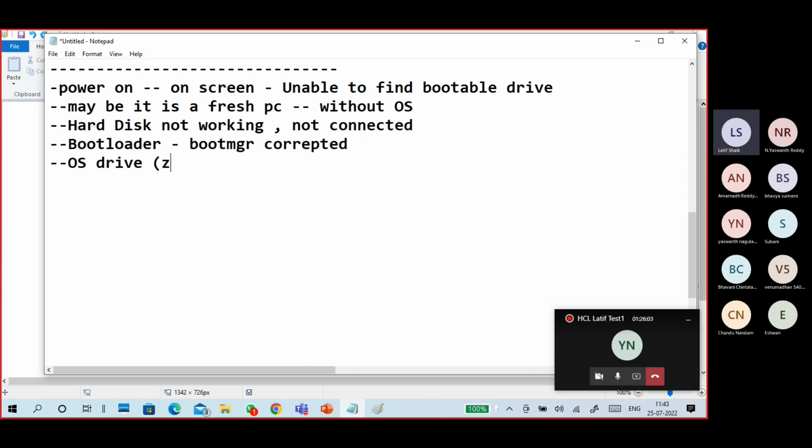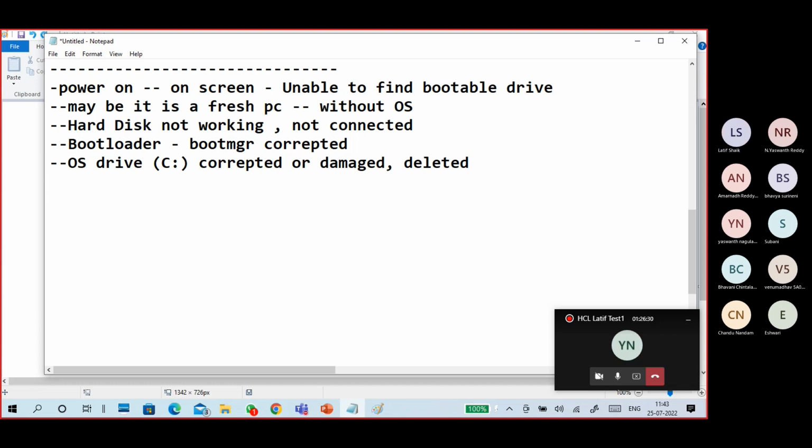So usually like a C drive. Corrupted or damaged. You can use damaged. Corrupted or damaged or deleted. There is another possibility. Deleted.